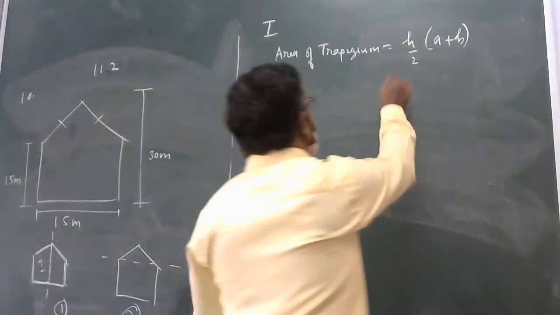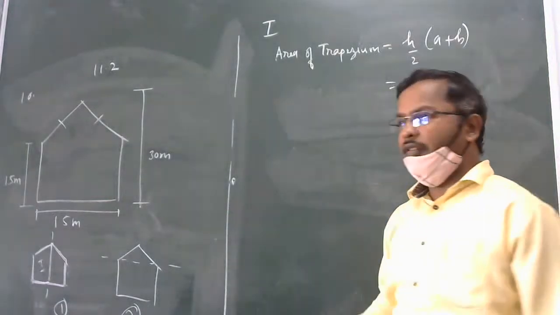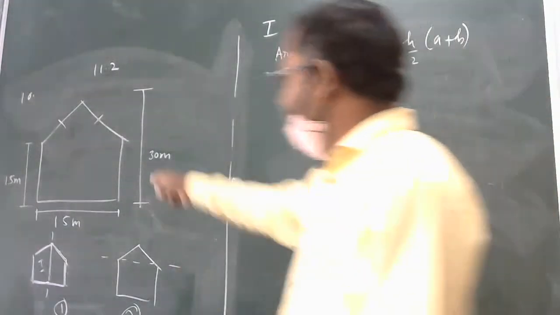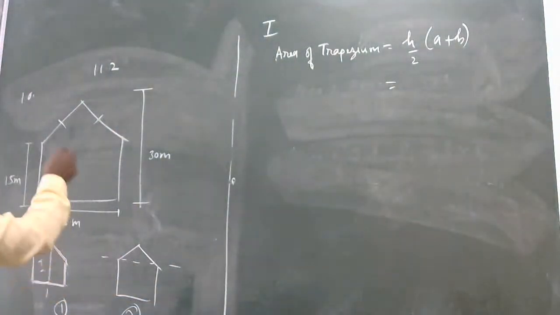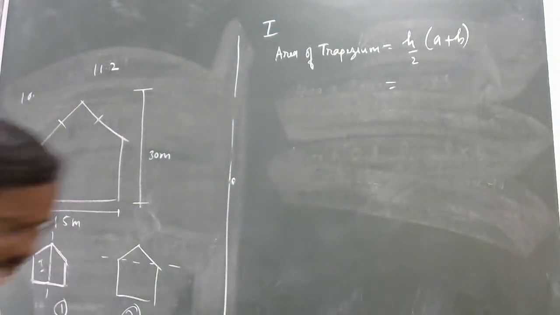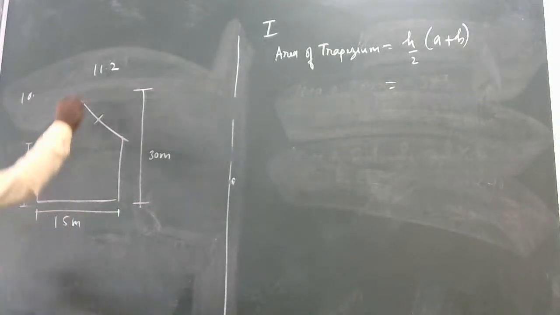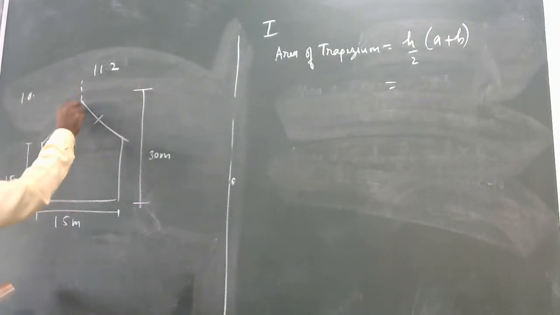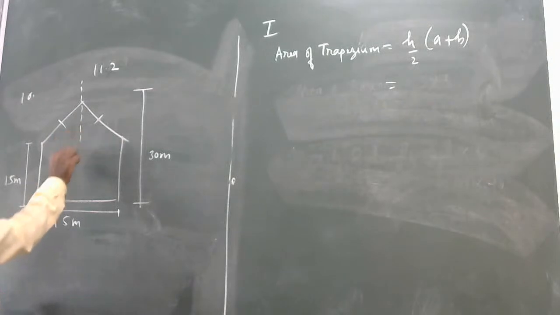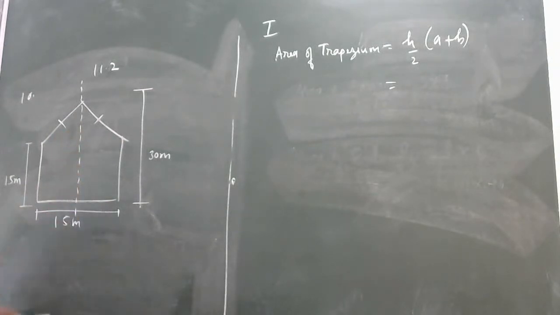What is the height here? 30 meter. Look at this shape. Now let me rub this. We are dividing like this. Now, which part are we taking?